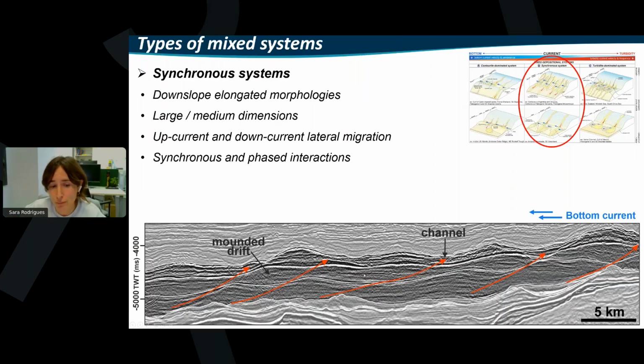In addition, all of them are migrating laterally towards one direction. So both the mounded drifts that you have here, these small lenticular shapes, and also the channels as well, which have lower amplitude reflections than before, and also stretch laterally from the channel into the drift. So there's this whole stacking pattern that occurs in these types of systems.